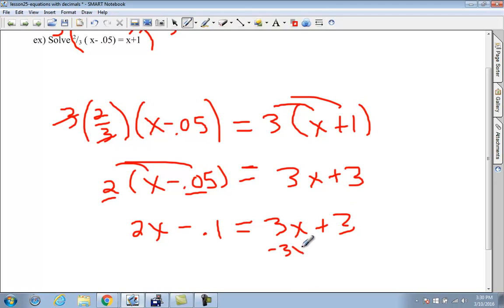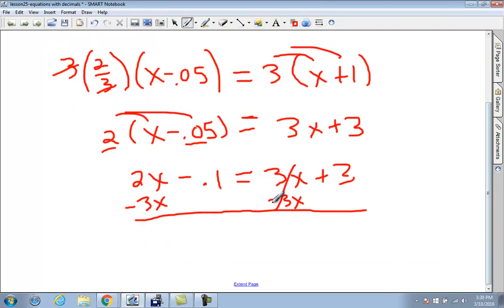And I like to do letters on the left, numbers on the right, so I'm going to move 3x over when I balance my equation. So 2x minus 3x is negative 1x. And I like to move 0.1 to the other side, so I'm going to add 0.1 to the other side. And if you like, you can say 0.1. And then when you're adding, well, 3 plus 0.1 is just 3.1.